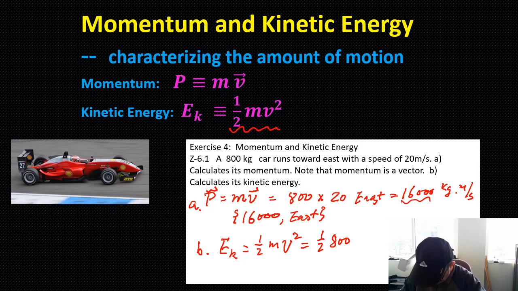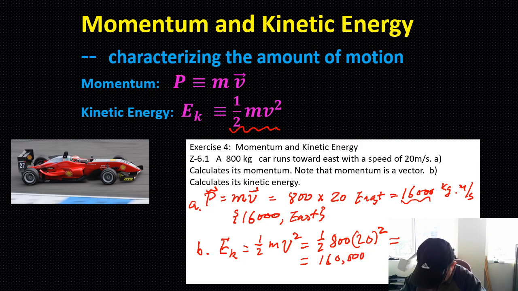The velocity squared is 20 meters per second, squared. If you figure that out, it is 160,000. Although the number is the same, it has different units.